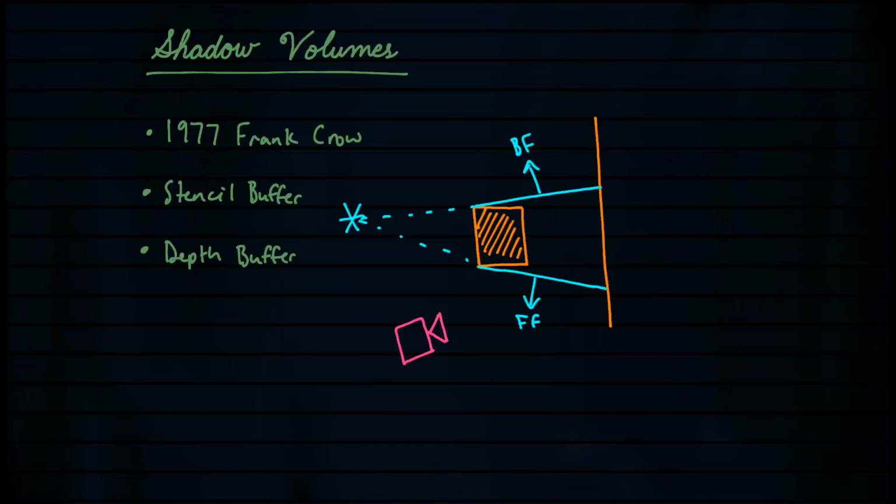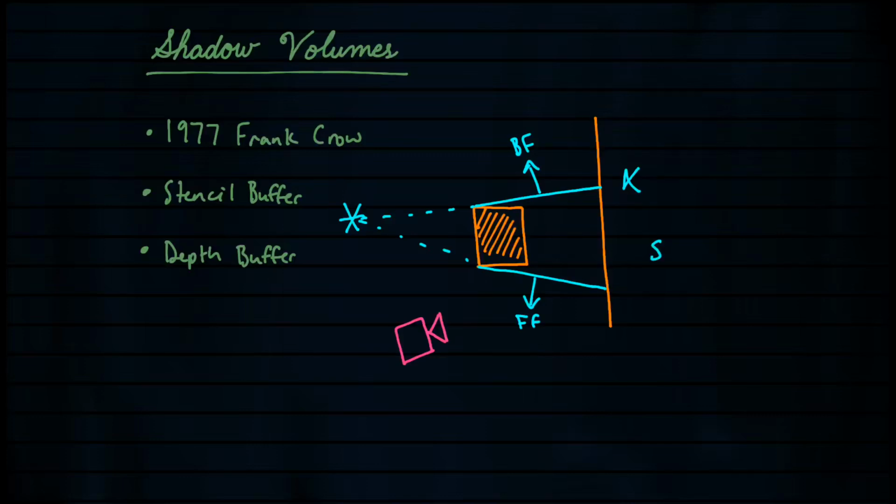The way that we generate this mask in the stencil buffer is that we're going to disable writes to the depth and color buffers, and we're going to use backface culling. In other words, we don't draw these parts, and we're going to set the stencil to increment.